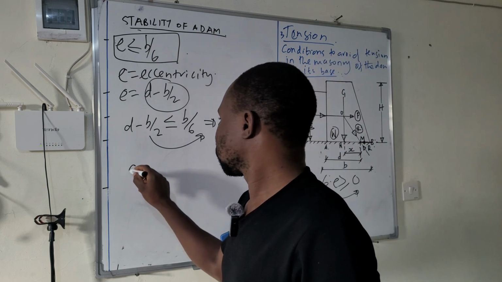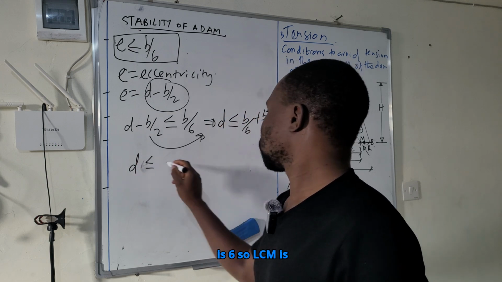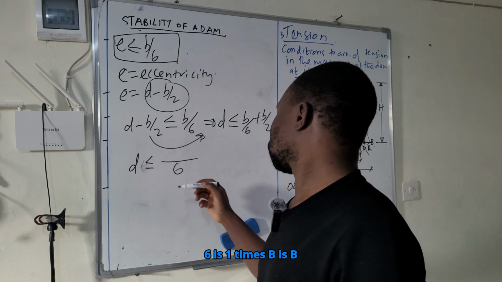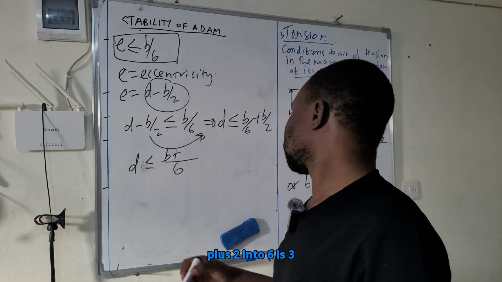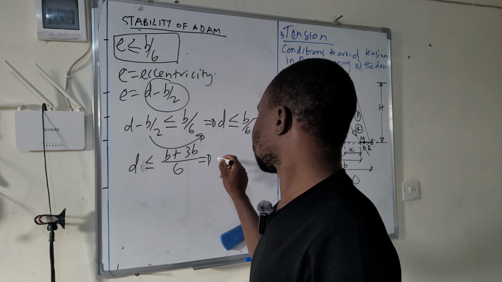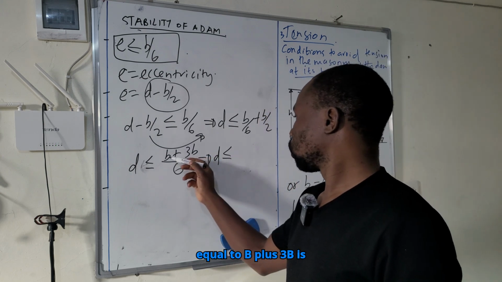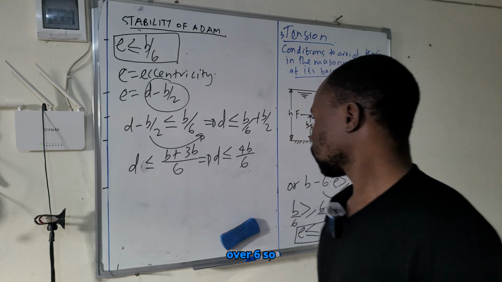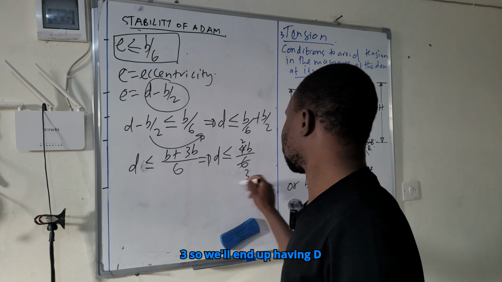The LCM is 6. So 6 into 6 is 1 times B is B, plus 2 into 6 is 3 times B, 3B. So D is less or equal to B plus 3B is 4B, 4B over 6. So 2 here, 2 here, 3.